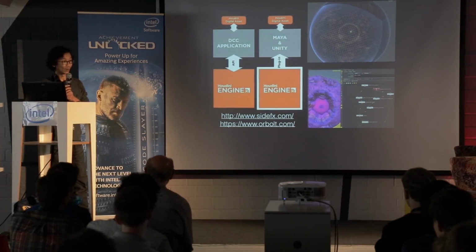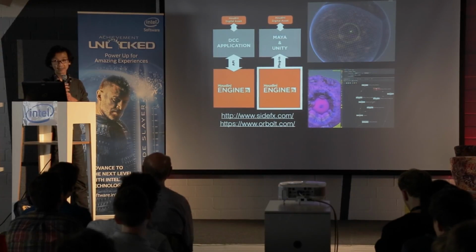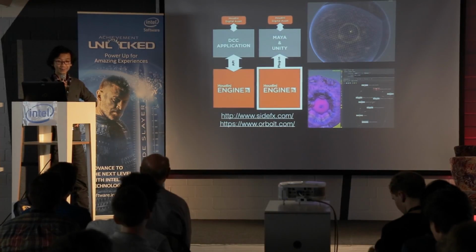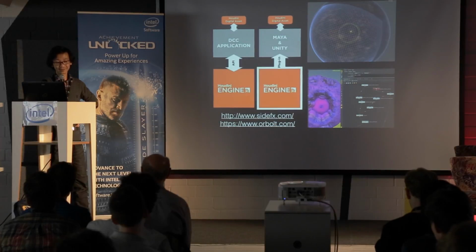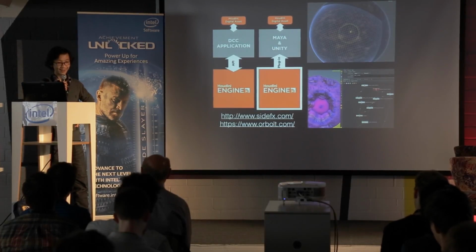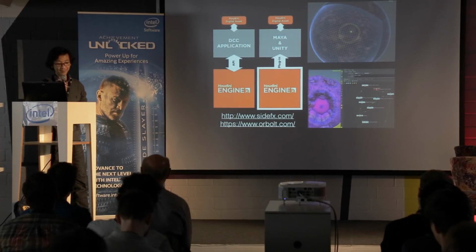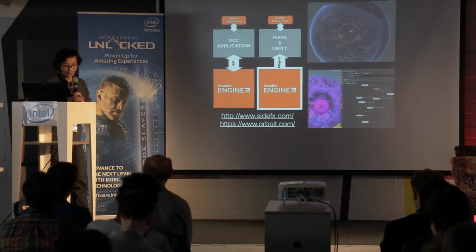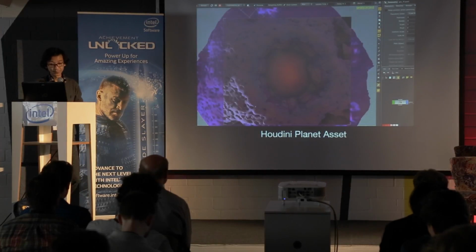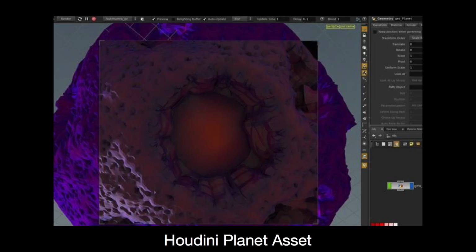And the reason why we are doing procedural modeling is that sometimes we just don't have enough time to make everything by hand. So this is an example of a 3D asset in Houdini.